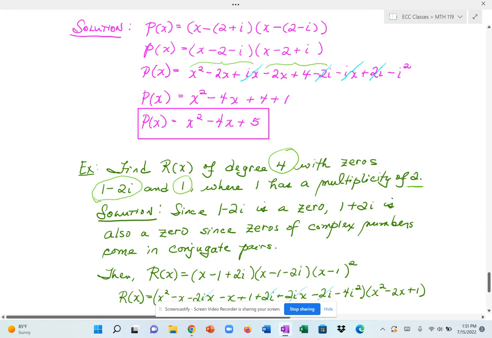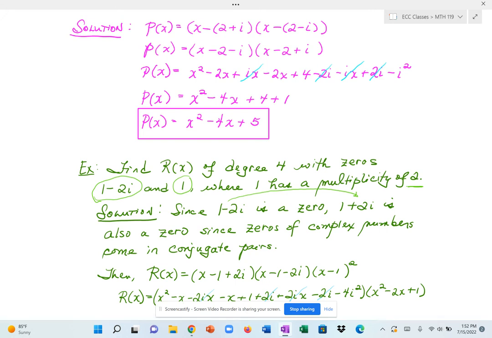But remember, I stated this earlier, your complex numbers come in conjugate pairs. So if 1 minus 2i is a zero, then so is 1 plus 2i. Even though it's not stated in the original problem, you need to realize that just based on a theorem that I mentioned earlier.